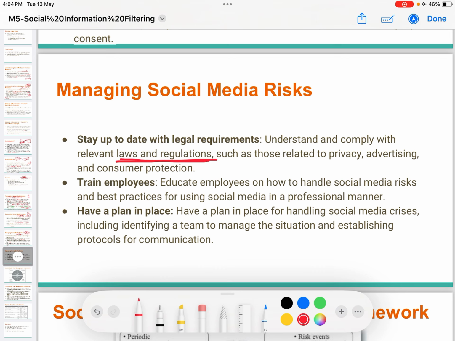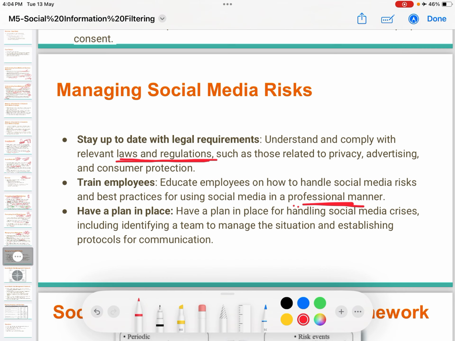Train employees. Educate employees on how to handle social media risk and best practices for using social media in a professional manner. And last is have a plan in place. Have a plan in place for handling a social media crisis, including identifying a team to manage the situation and establishing protocols for communication.